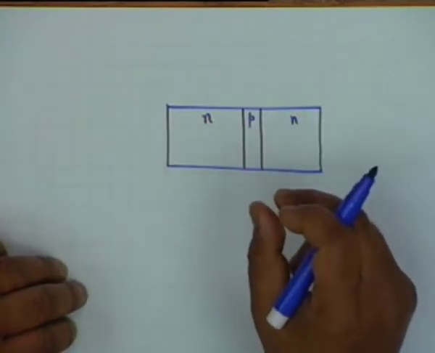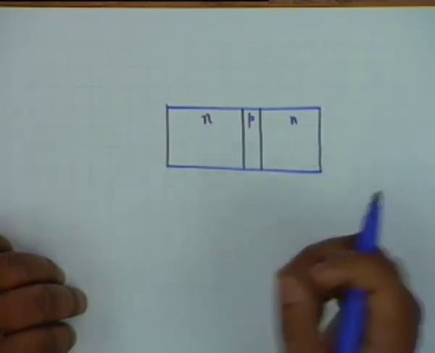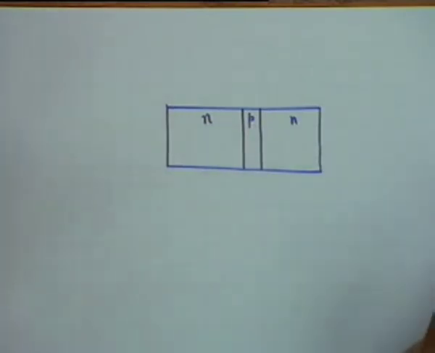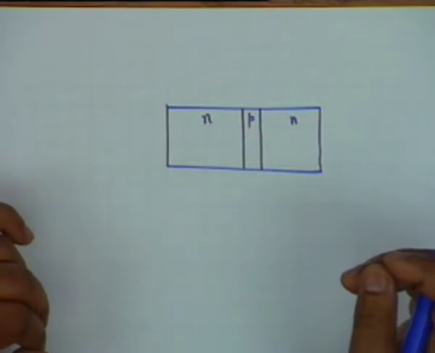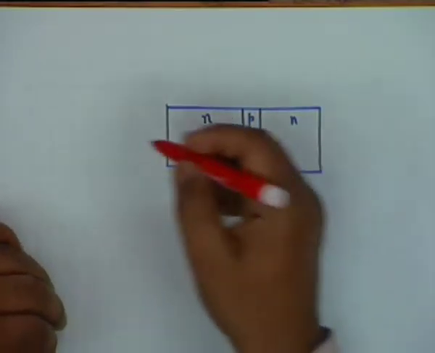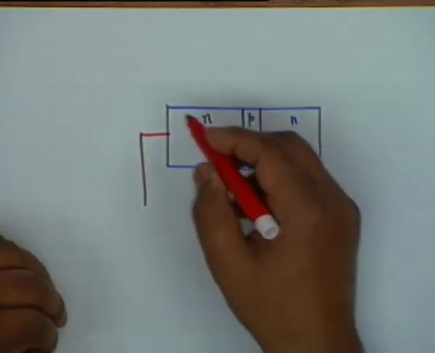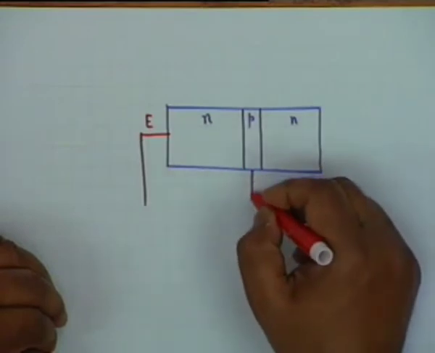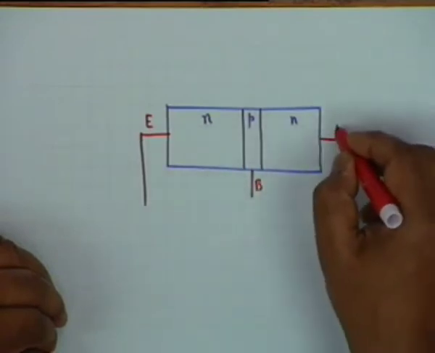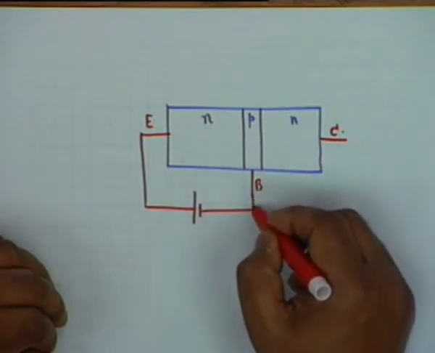The base is a very thin region, and this gives the transistor its property. If it was very thick, then you would not get the property of amplification that we have been talking of. Now, as I told you, this is emitter, this is base, and this is collector. The emitter base region is forward biased.